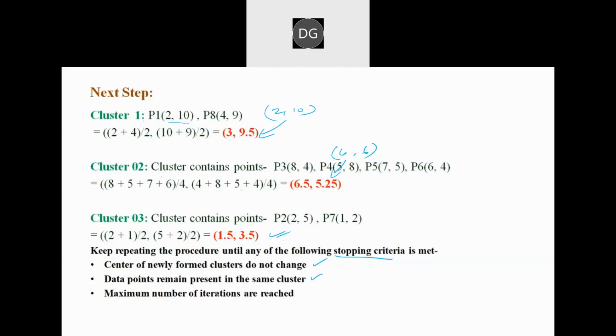Maximum number of iteration here means, if in our assumption we are having only 10 points, and we have taken 2 cluster or 3 cluster, various combination we can take, right? Out of 10, it is like 10 balls is there in a bag, what is the probability of getting 3 balls, random balls? So each time when I take 3 balls, again I will put the 3 balls inside the bag.